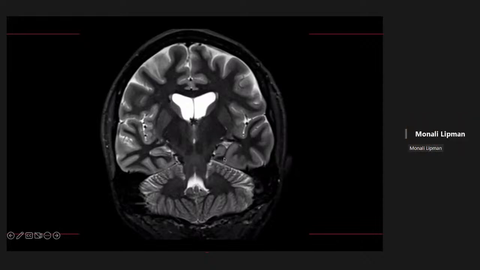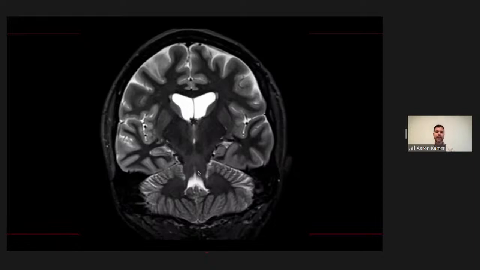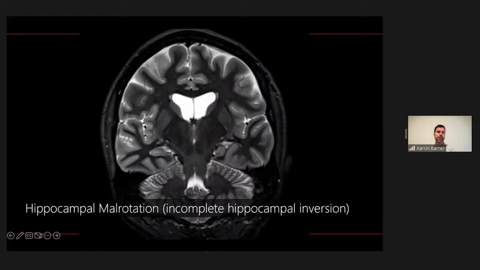Any ideas? No? So this is something that's referred to as either hippocampal malrotation or incomplete inversion of the hippocampus. Because we almost always used to exclusively see this on our epilepsy workups, we figured that it was associated with epilepsy in some way. There was a nice article that came out a few years ago where the title was something to the effect of hippocampal malrotation is a benign entity and not associated with seizures.